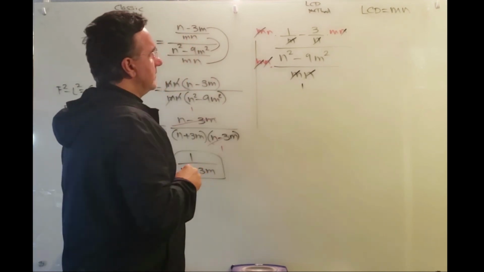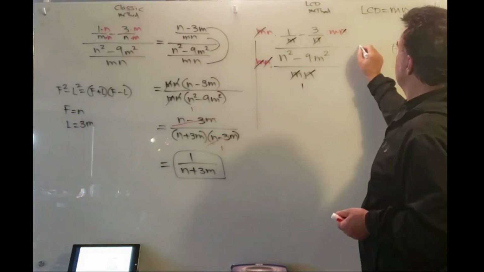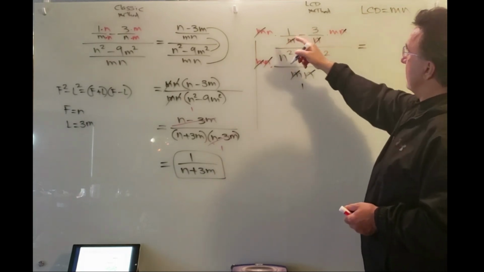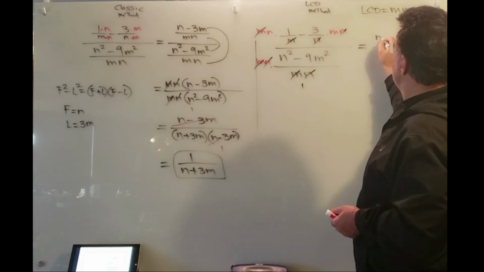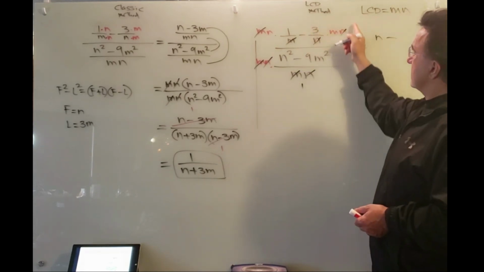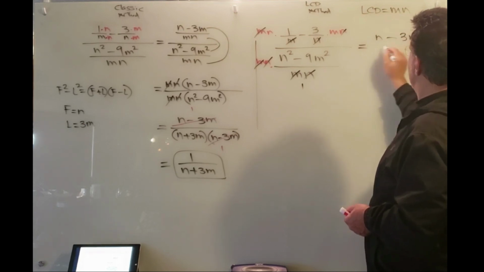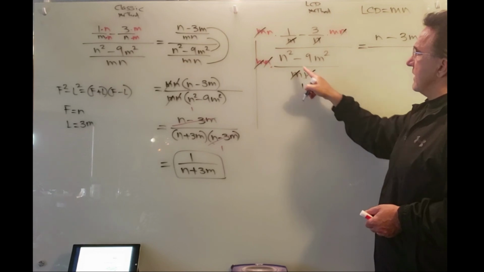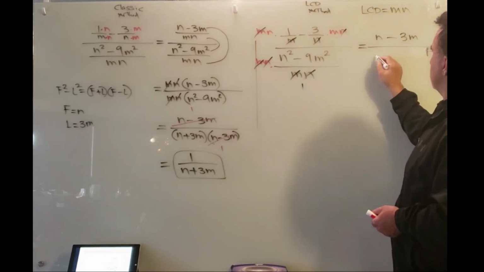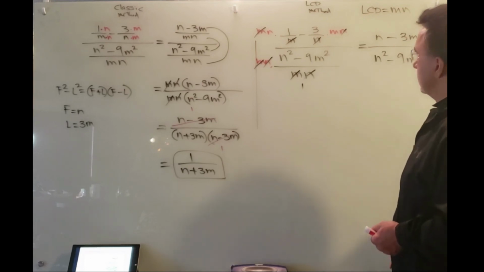So notice that on the very top, we have n left from this term minus what's left here, 3m, over, and down here, all that canceled out. So we're just left with n squared minus 9m squared.